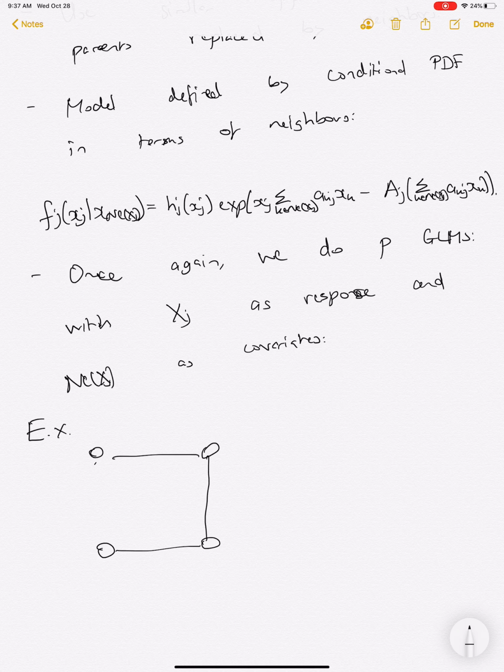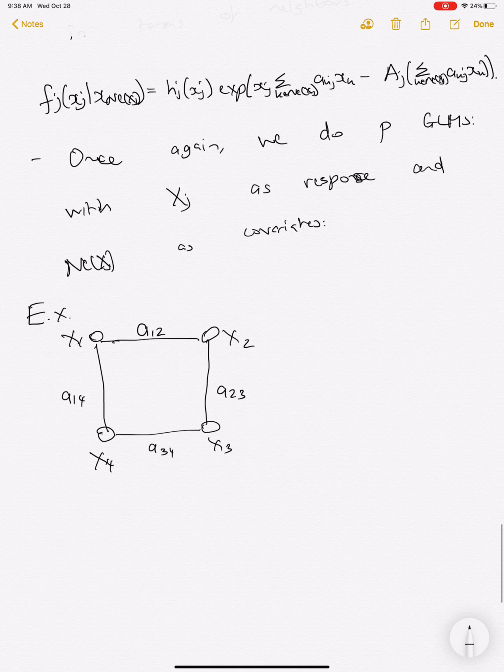General. So we're going to take essentially the same graph structure, but now with undirected edges rather than directed edges. Once again, we have these parameters: A12, A23, A34, and A14. We'll see that there's a bit of a complexity here that I'll talk about shortly. So the neighbors of x1 are x2, x4.